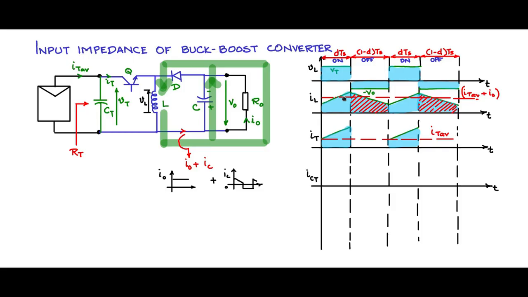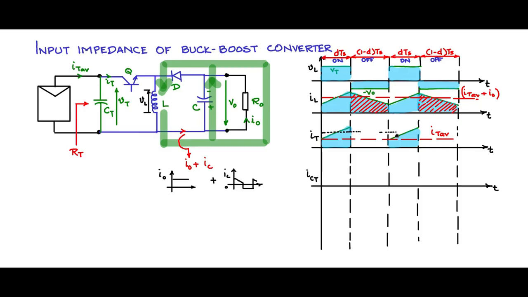So knowing that the value cutting across through this linearly increasing IL waveform is IT average plus I0, and as IT during the dT portion is the same as the inductor current, we can say that the value that cuts across the linearly rising portion of the IT waveform will be IT average plus I0.